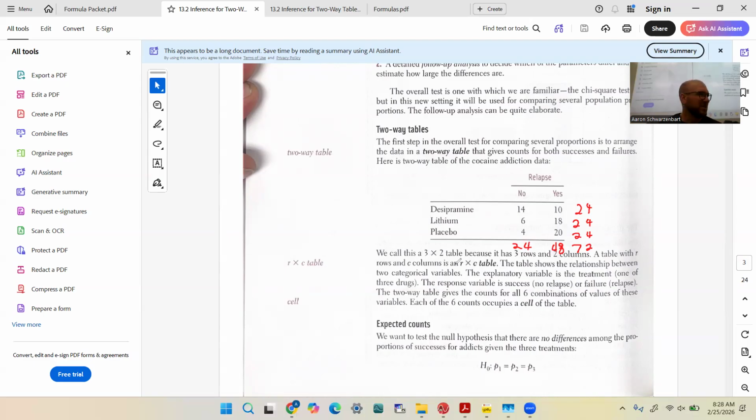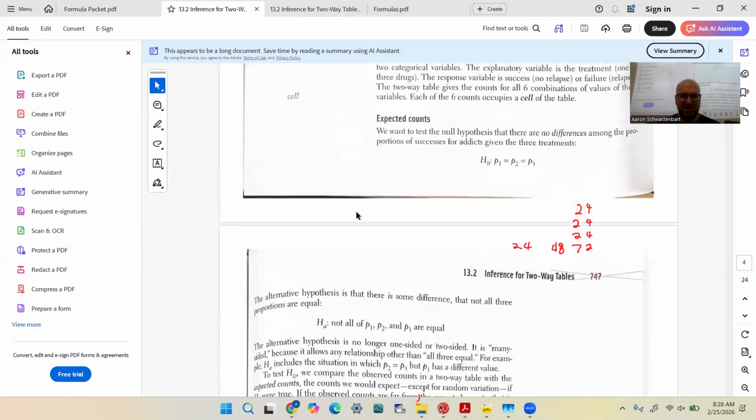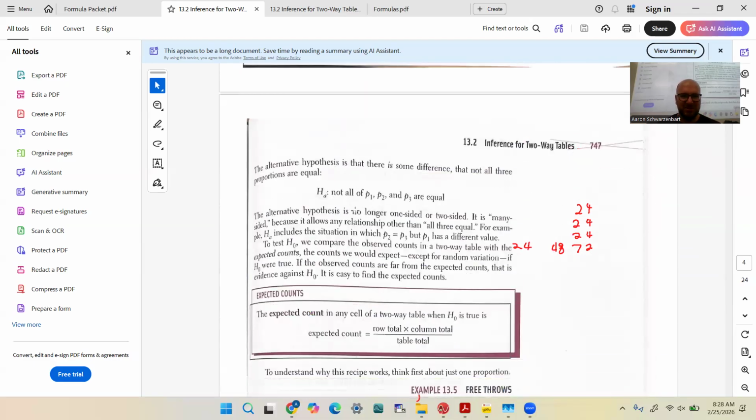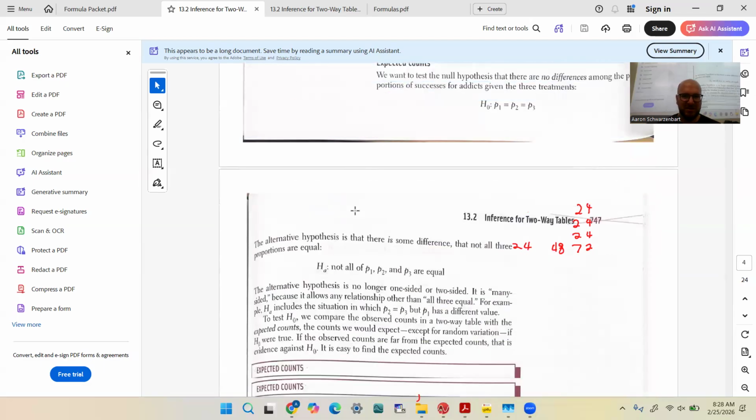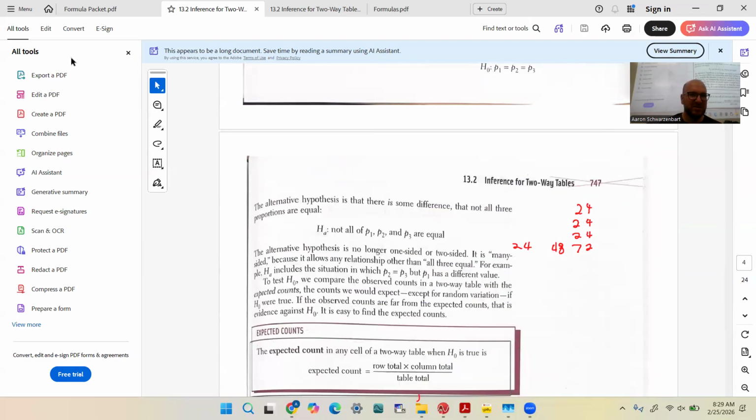You guys remember having an expected count, right? So my 3x2 table. You're going to calculate chi-square essentially the same way you did, which was chi-squared was O minus E squared over E, correct? I think.